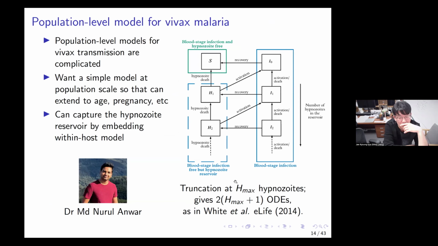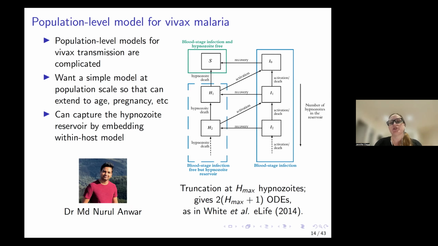If you were to truncate at some maximum number of hypnozoites, say 100 or something, you end up with something like 200 or 202 ODEs in your system in order to track all of the states, which is not really feasible to then extend the model to other things such as age and pregnancy, which are also very interesting for Vivax malaria.